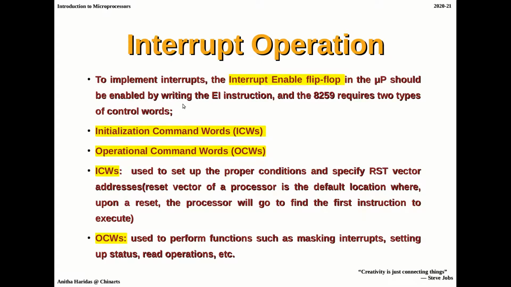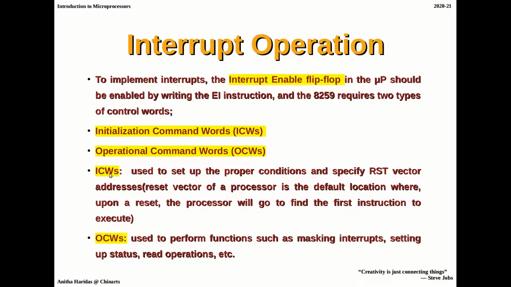We can enable it by writing the EI instruction, the enable interrupt instruction. The 8259 requires two types of control words for handling the interrupts. One is called the initialization command word, the other is called the operational command word. These are the two control words used for managing or implementing interrupts.